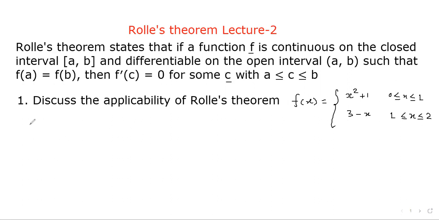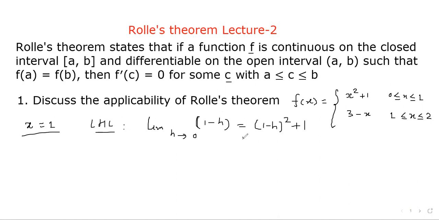So at x equal to 1, we are going to check whether the function is continuous or not. So LHL: limit h tends to 0, f(1 minus h). So this will give (1 minus h) squared plus 1, limit h tends to 0.